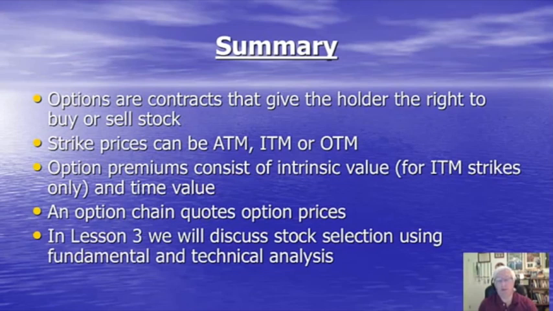And option premiums consist of intrinsic value plus time value, but the intrinsic value applies only to in-the-money strikes. And an options chain will provide quotes for all the different option prices for a particular underlying security, be it a stock or an exchange-traded fund. And that pretty much takes care of the option basics, as it relates to this great strategy of selling cash secured puts.